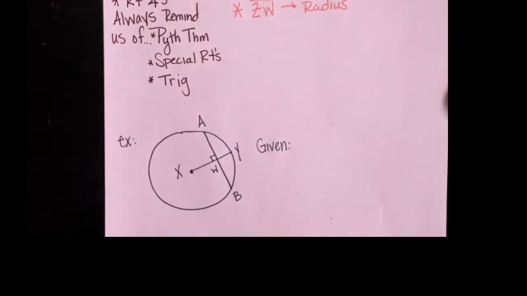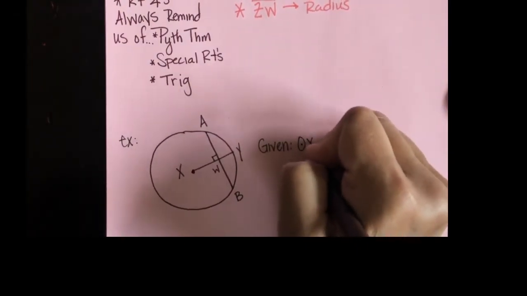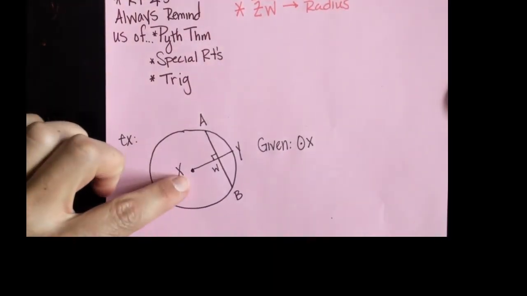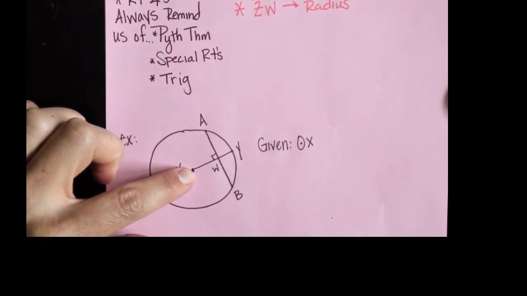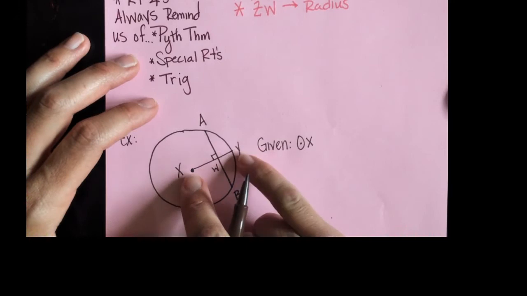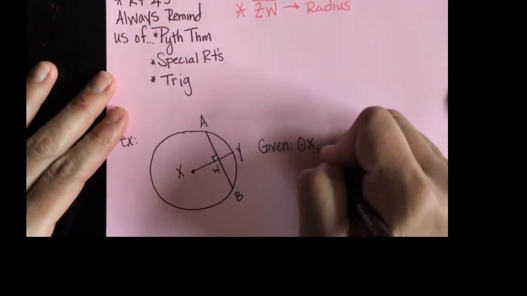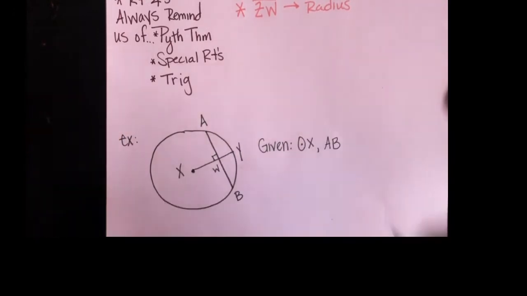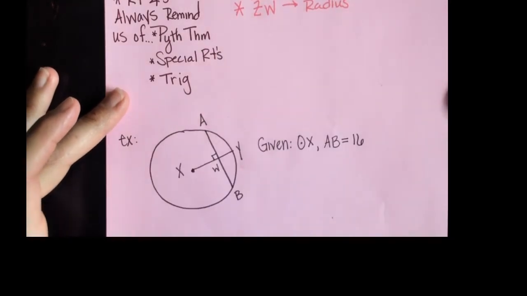So our given statement is going to specifically say circle X. So now I know that regardless of if I mention it or not, anything that goes through X is most likely going to be a radius or a diameter. So you can see right now, because I said circle X, XY is going to be a radius. I'm going to tell you that AB has a length of 16.